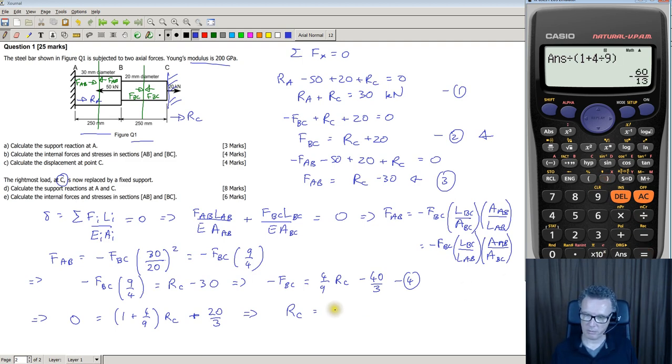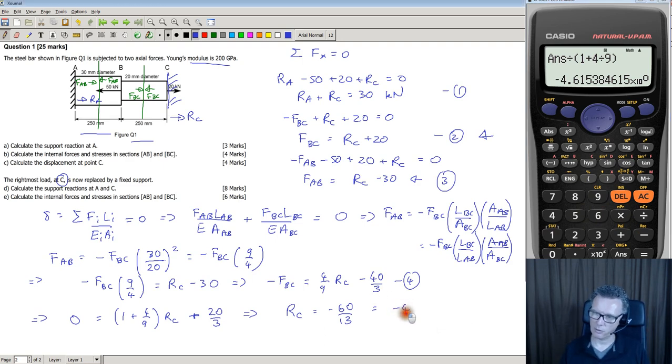And that gives me minus 60 over 13. And of course we are engineers, so we should press the Eng button. And that will be minus 4.615, and that's kilonewtons.